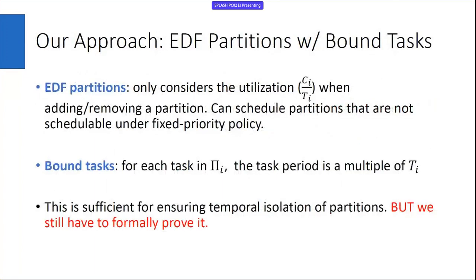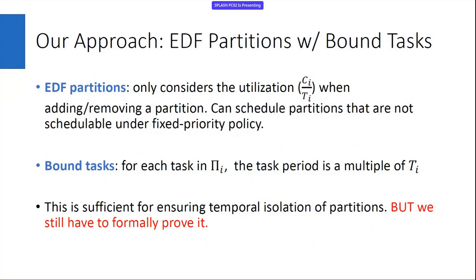So this particular paper tried to show that we can make this virtual timeline work even though there's dynamic priority scheduling and we use EDF partitions, by imposing the limitation that every task running inside each partition has a period that is a multiple of the partition period. Then we have the proper temporal isolation among these different partitions. So that's basically the high level point.